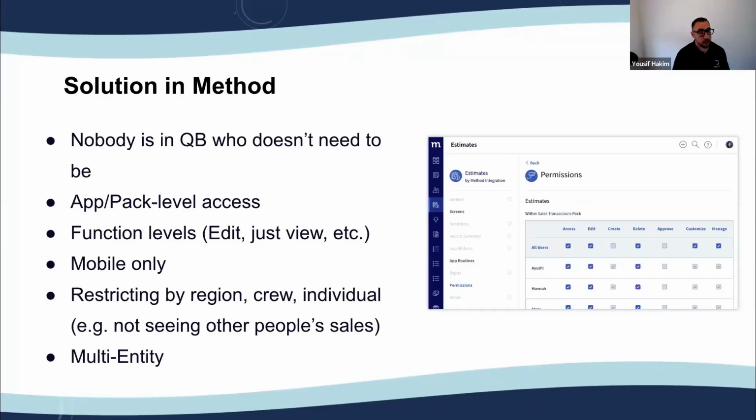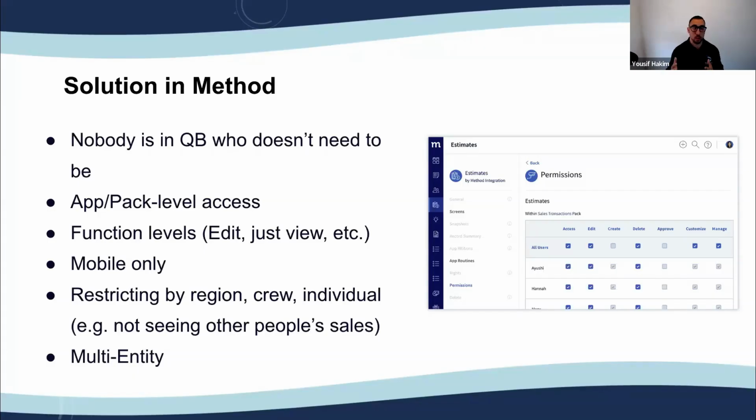Yeah, I can take it away, Matas, if you'd like, and you can feel free to add on with whatever. So Method out of the box is pretty robust with flexibility when it comes to giving the right access for the right personas or users. The biggest value add, and Dan, you mentioned this earlier, same with you, Matas, is that you can take away users in your QuickBooks that really shouldn't be touching your accounting file, right?